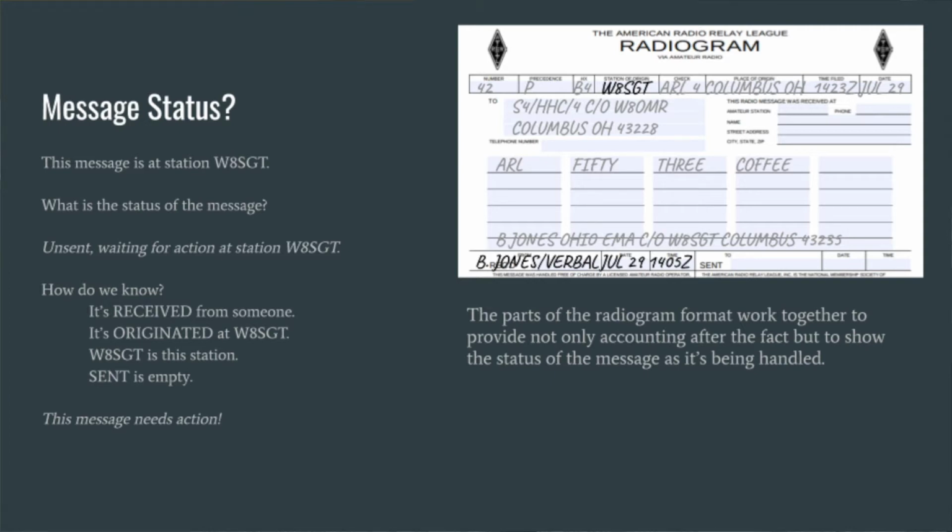We received the message from someone, so it is going to be what we've captured in the text. The message is originated, that is, we've completed all of the necessary information to make this good for transmission. W8SGT is the station where we are, sent is empty, so we know that this station needs action and it needs to be moved from this station forward.